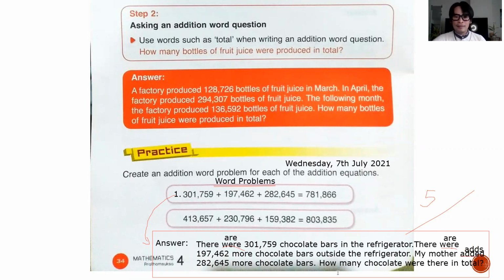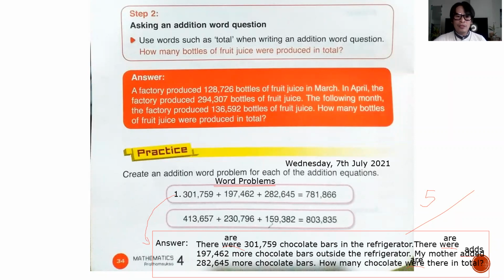So it depends on the sentences. How many chocolate bars are? You can write are instead of were if you change that. Are or were. If you choose the past tense, then use were and added.